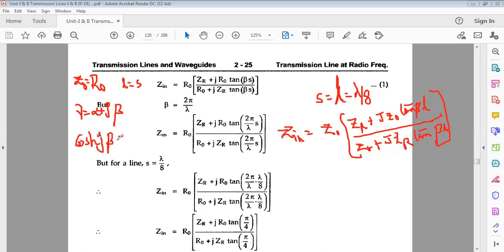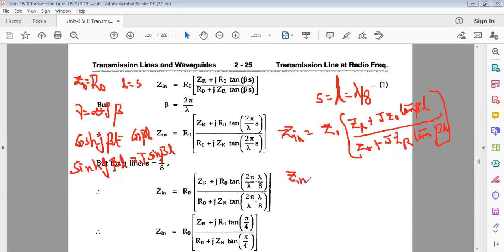Cos hyperbolic j beta L is equal to cos beta L, and sine hyperbolic j beta L is equal to j into sine beta L.